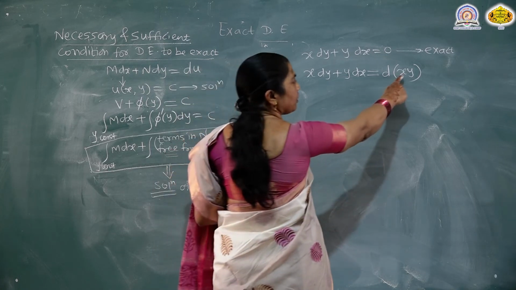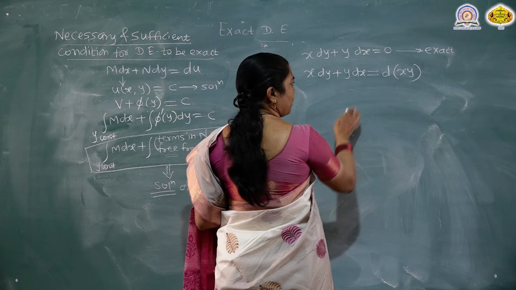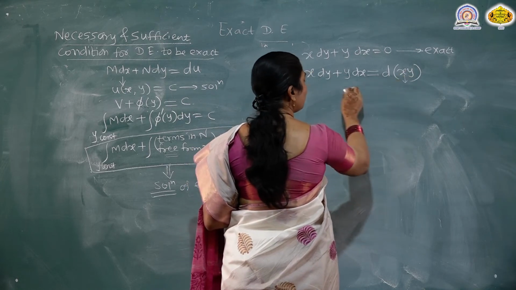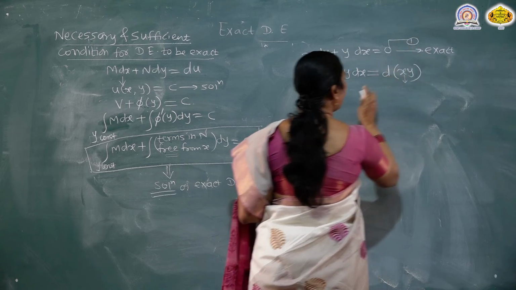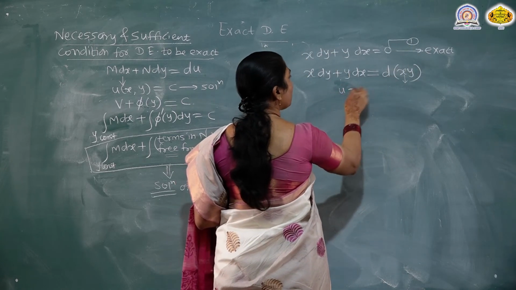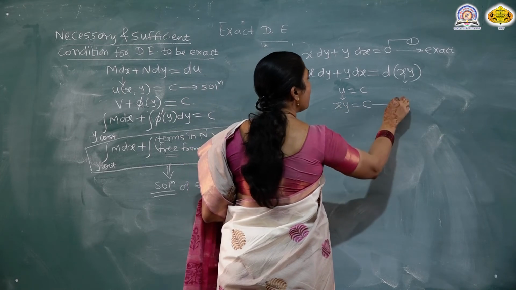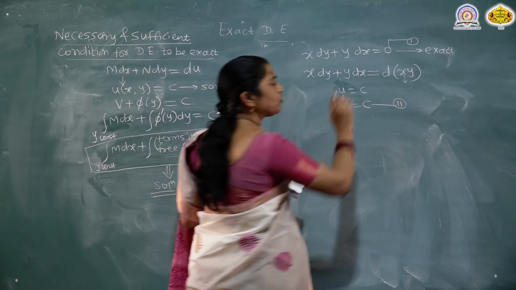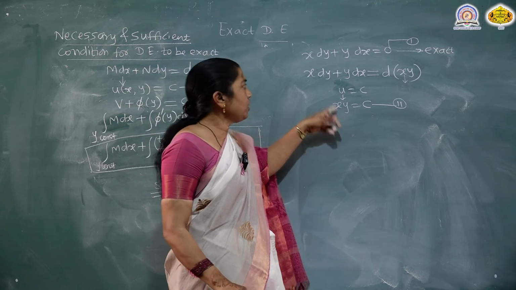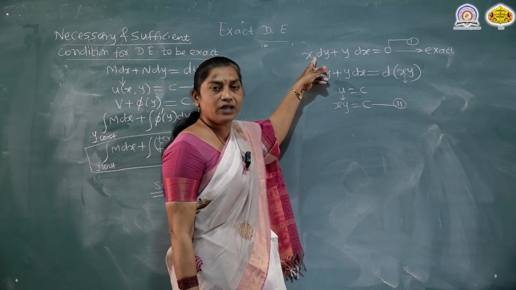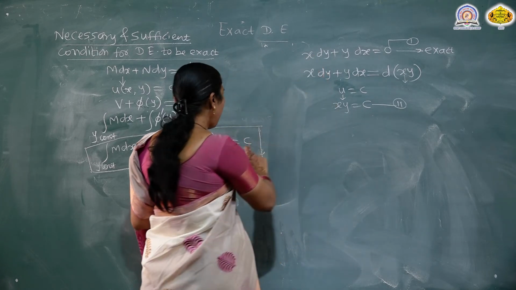Here u is nothing but xy. So this is exact, and this is nothing but the solution. So what is the solution of this equation 1? This equation 1 has the solution u equal to c, where u is xy. So xy equal to c is the solution of equation 1. If you differentiate xy equal to c, you will get this differential equation directly, and therefore it is exact. Now we will find this by this rule.